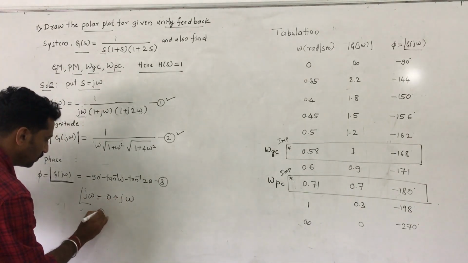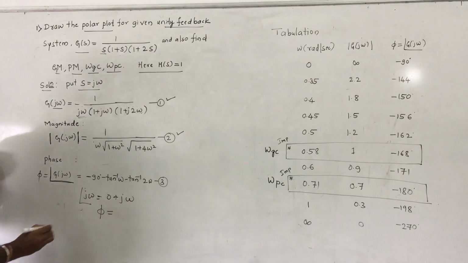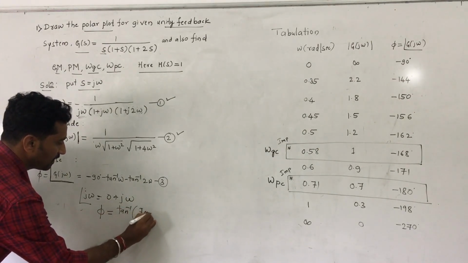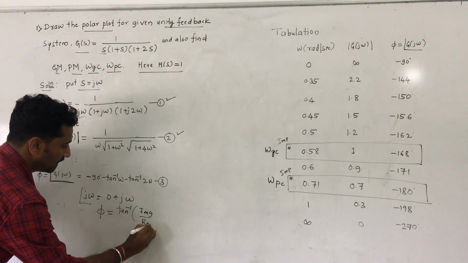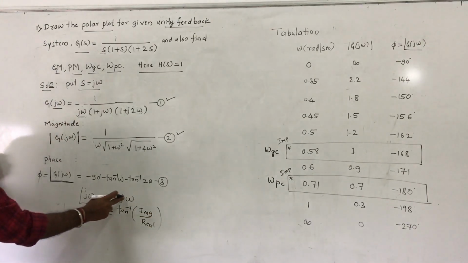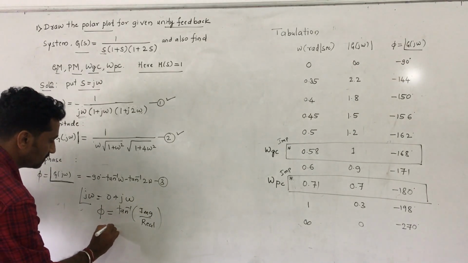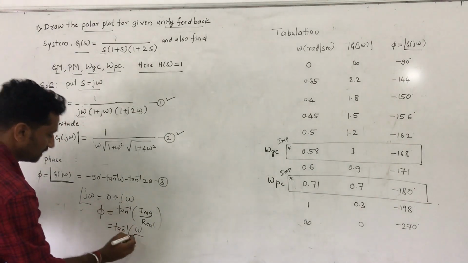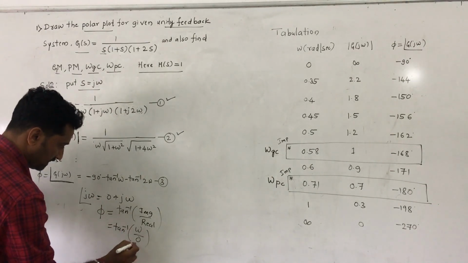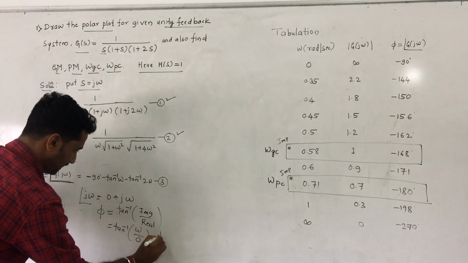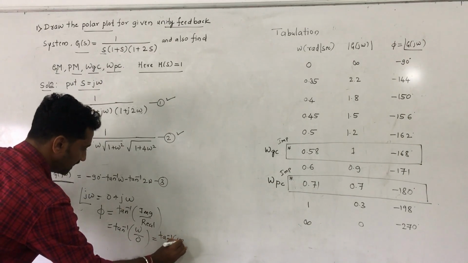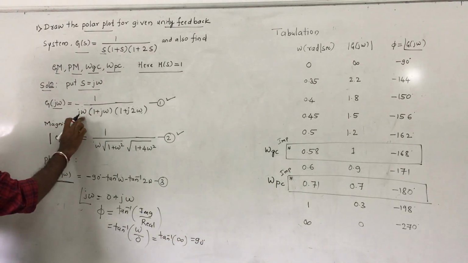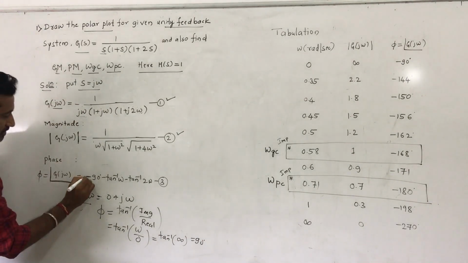The phase is tan inverse of imaginary part by real part. The imaginary part here is omega, so tan inverse of omega by 0. Anything by 0 is infinity, and tan inverse of infinity is 90 degree.